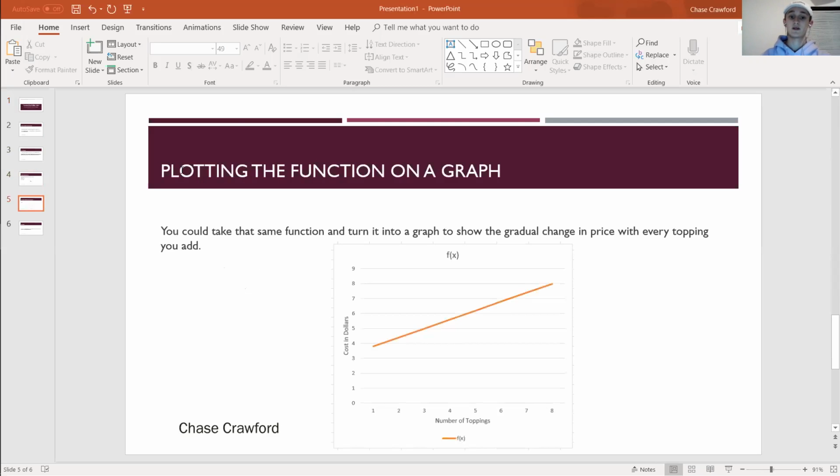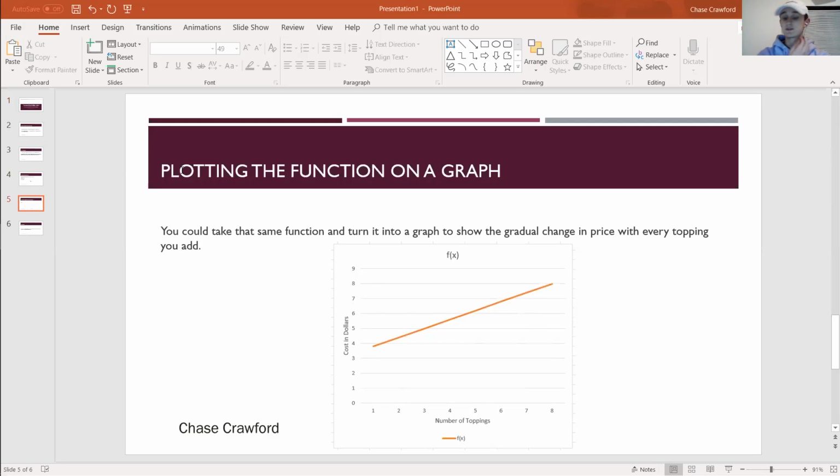But if you wanted to look at it in a graph way, you could take that same function and turn it into a graph showing the gradual change in price with every topping you add. And so you can see if you start out with 0 toppings, then it's going to be at $3.79 because that's the original price without the added toppings that aren't in the recipe, like I said.